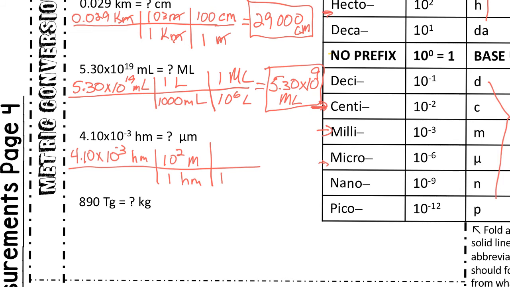Micrometers are small, so 1 meter is equal to 10 to the 6th micrometer. Let me make that symbol a little bit better. And we're ready for the calculator. And the answer you get is 4,100,000. We need 3 significant figures, so this would be 4.10 times 10 to the 6th micrometer.